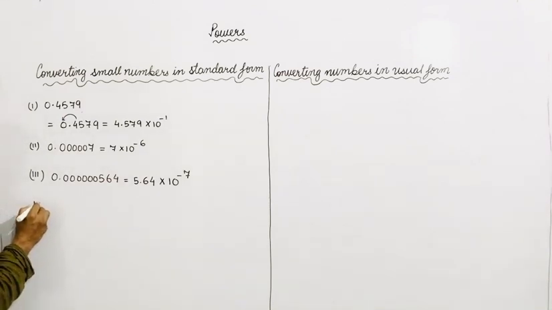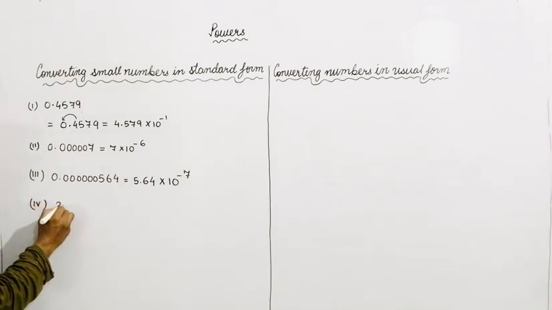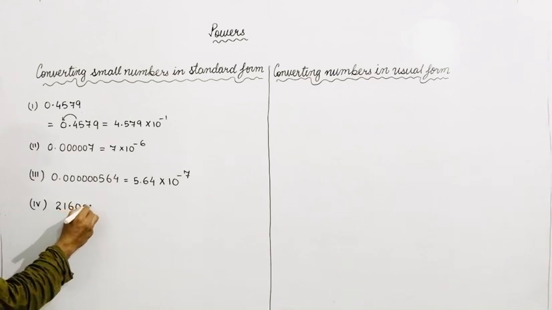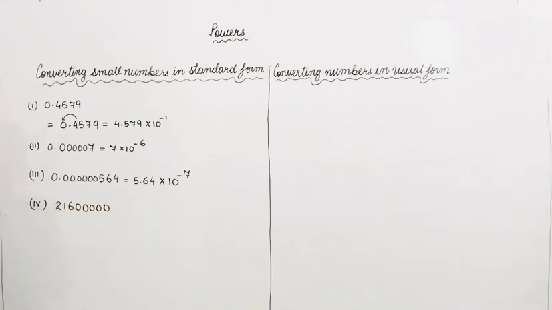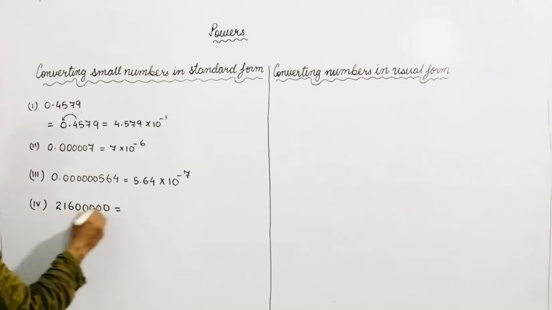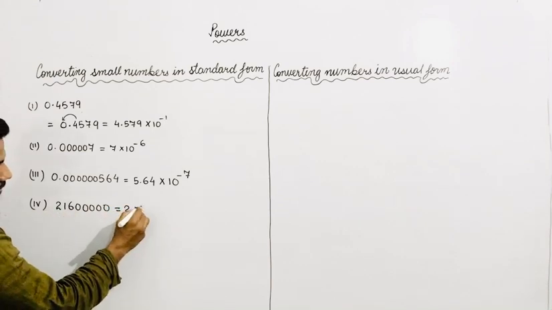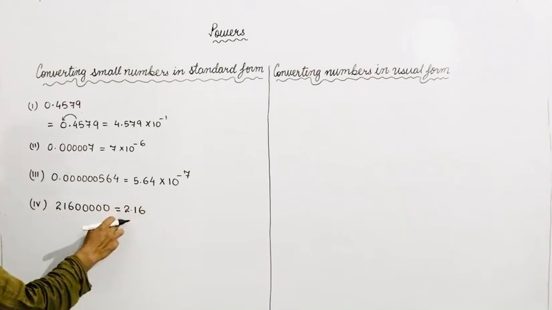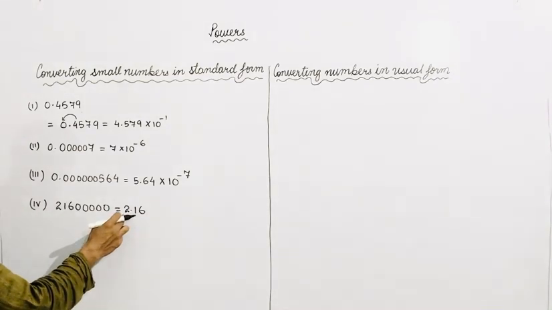The next question. 2160000. Now look, since there is no decimal and you need to write it in standard form, what you will do is write 2.16. Only one number is before the decimal.